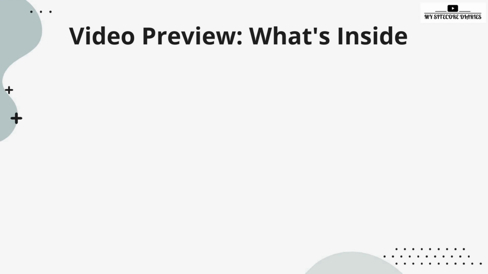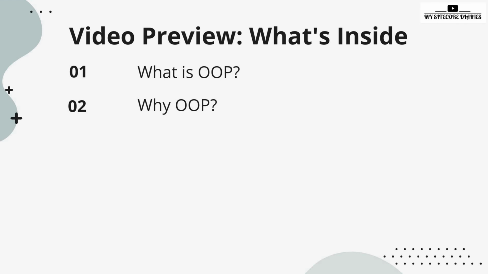What's in this video? First of all, we will see what is object oriented programming, that is OOP. We will see why we use object oriented programming. In that, we will see what is the difference between procedural programming or functional programming versus object oriented programming.